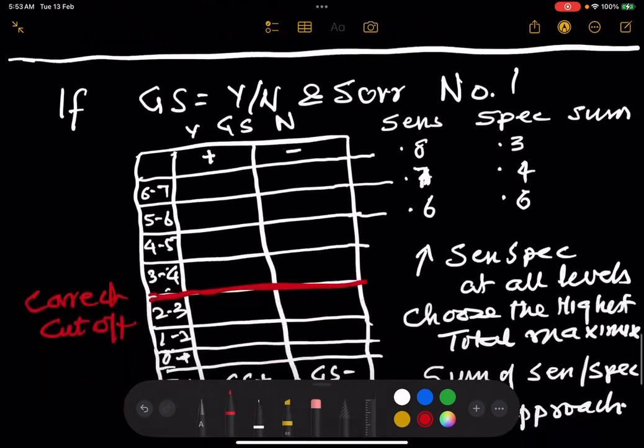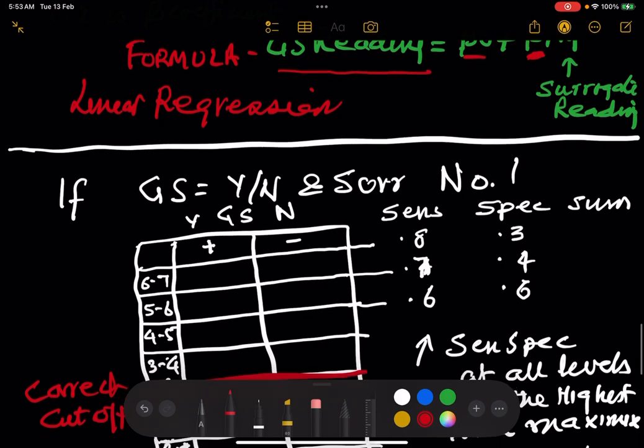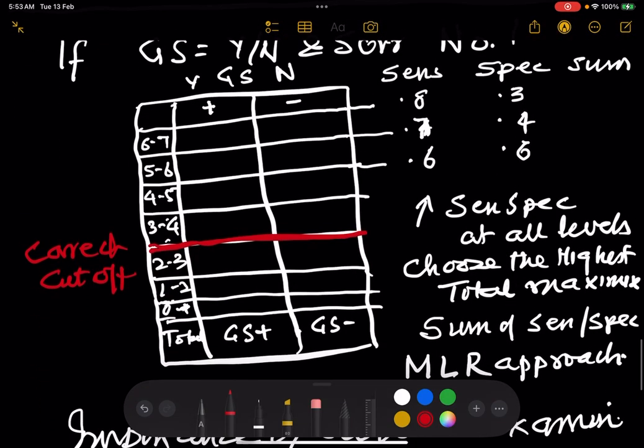Okay. Then the third situation is that the gold standard is yes or no, but the bone marrow density reading can be 0 to 1 or 1 to 2 or 2 to 3 or 3 to 4 or 4 to 5 and 5 to 6 or 6 to 7. So you are increasing from below downwards.